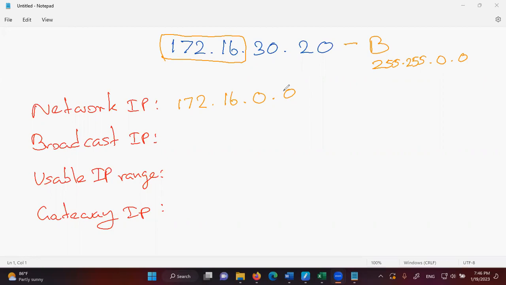What should be the broadcast IP? Right, very good. So that should be 172.16.255.255, the last number of the network segment.